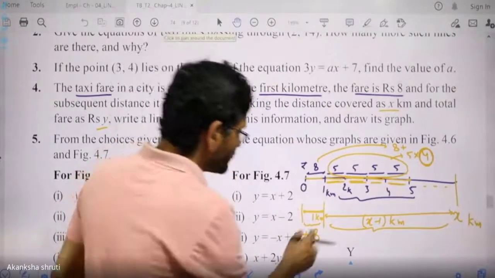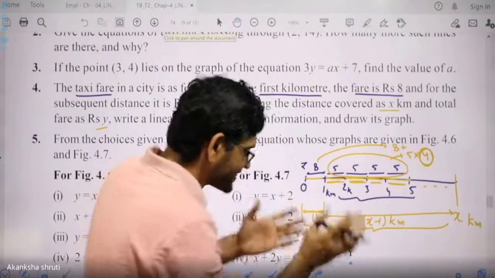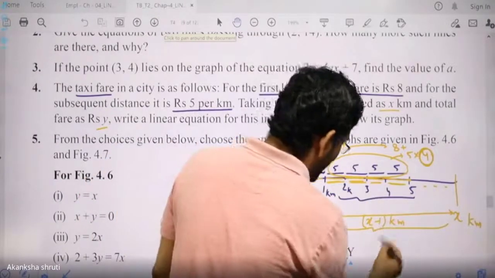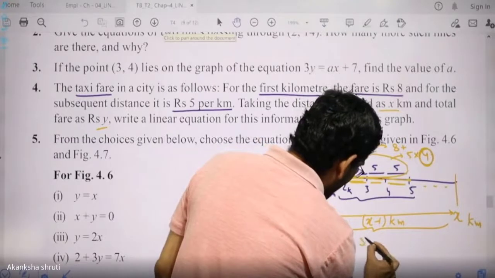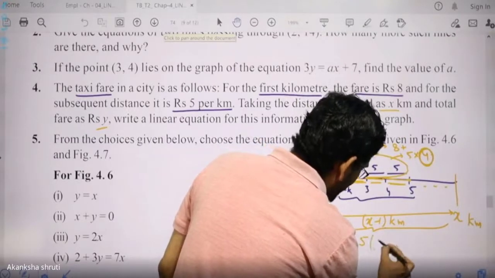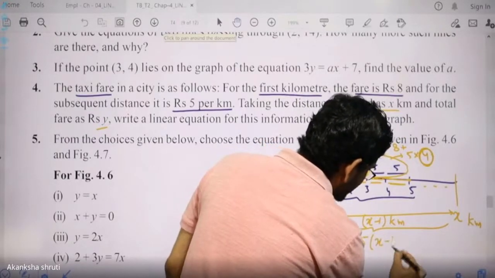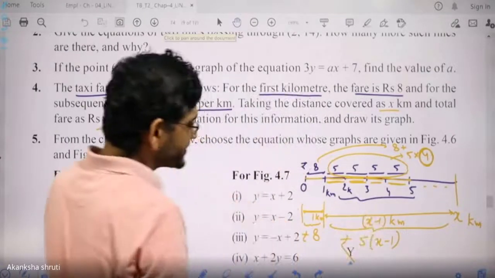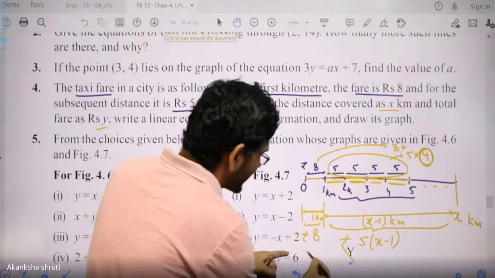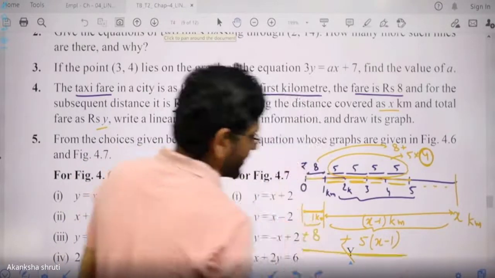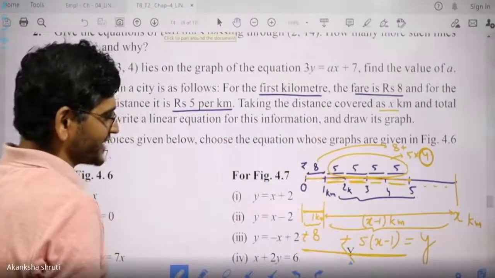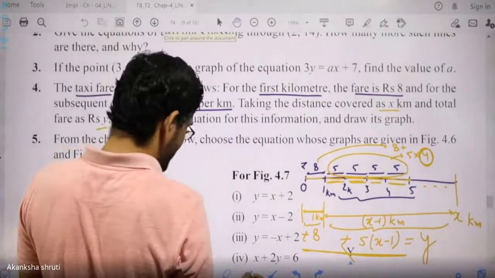Therefore, for the first kilometer, ₹8 he has to pay, and for the remaining distance of x minus 1 kilometers, he will have to pay x minus 1 multiplied by 5. This will become the total fare, and this value is y. So what is the equation? The rupee symbol can be dropped.